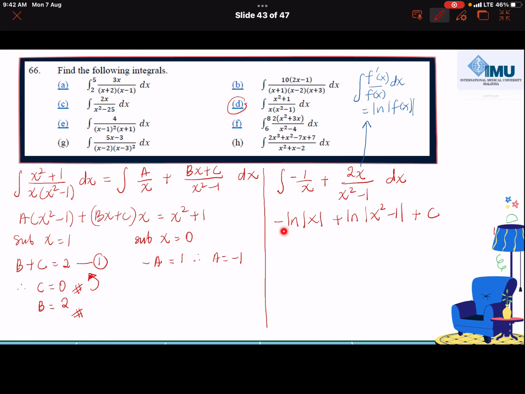Now, you can combine because you have the same base, ln and ln. One is minus, one is plus. So you remember the law of logarithm? Correct. The minus will be the division, so it will be at the denominator, whereas the plus will be at the numerator. So this is the simplified form of the solution for part D.